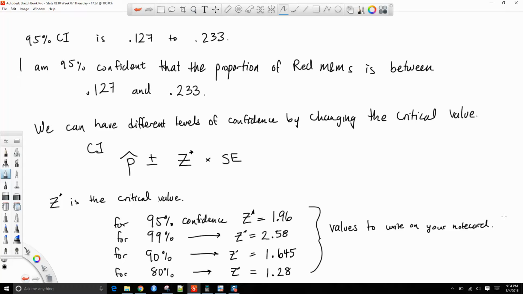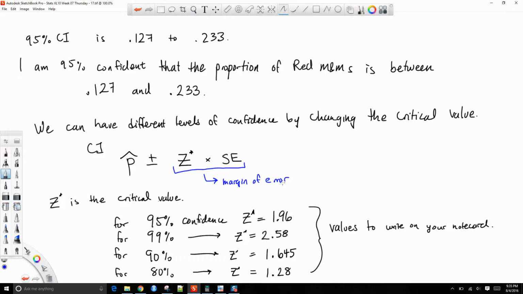The SE is the standard error. When you multiply z star and the standard error together, this is called the margin of error. So when during the election season they say so-and-so is polling at 47% with a margin of error of 2% or something like that, what that really means is that their confidence interval, which is what all of these things are, goes from 45 to 49%.